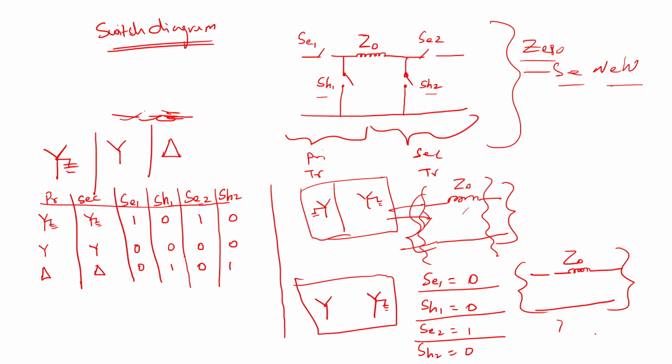So fast, tell me one more. I will close this class. One more thing. I have a delta, yes. Tell me the values. SE1, SH1, SE2, SH2 is 0100. 0100 is the correct answer.